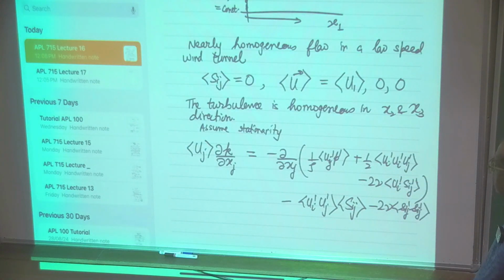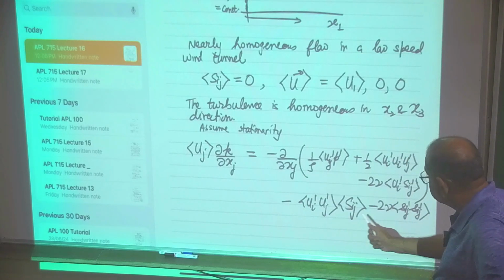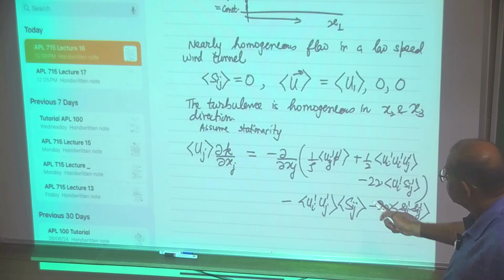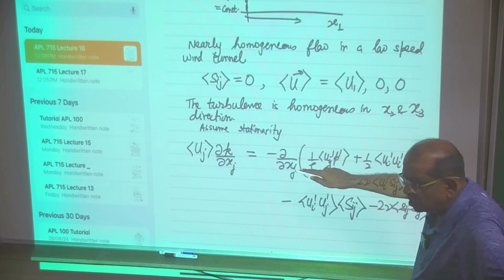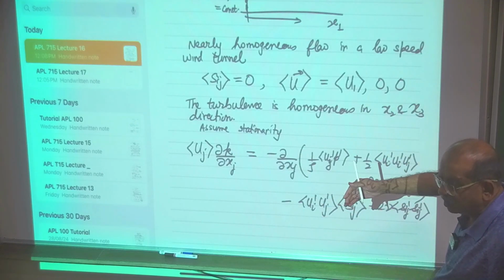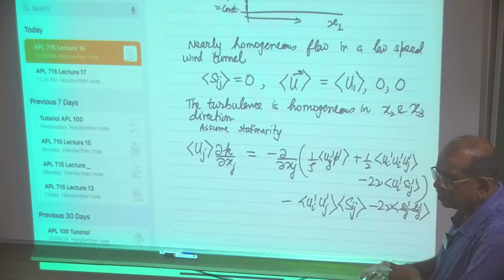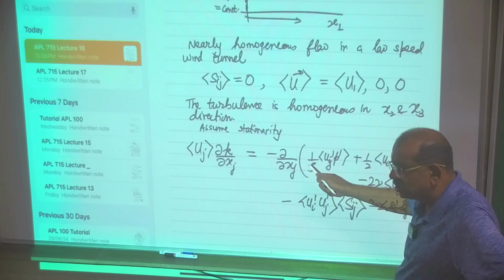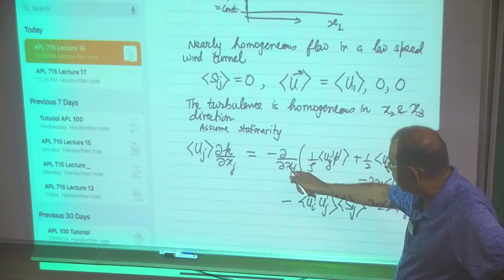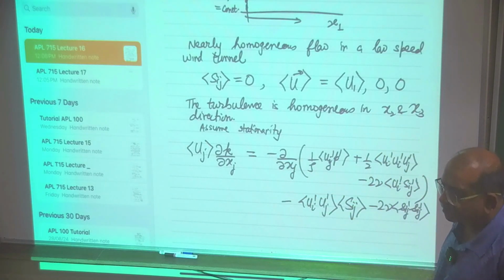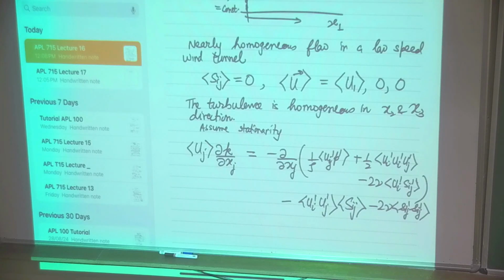How would that be adjusted? That would be adjusted. For example, some of these terms, there are no derivatives, they will stay as they are. The only thing is d by dxj. So wherever d by dx1 will come, that will become d by dt, or whatever. x is equal to u times t. So you will get a d by dt here and 1 over mean of u1. So we have to do it for every derivative term.